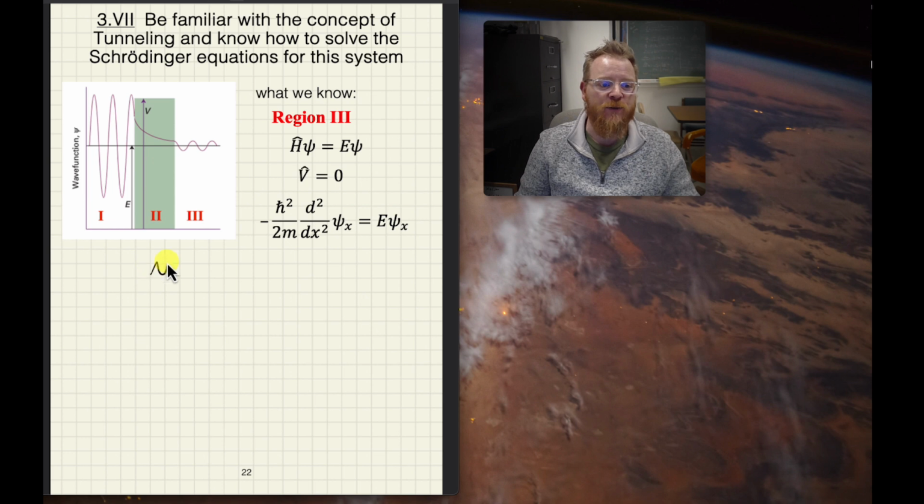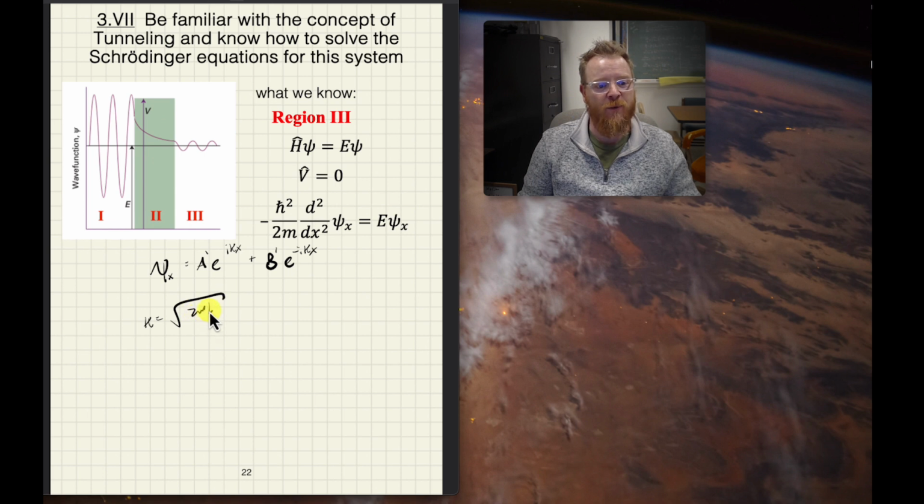We know that that's going to be an imaginary solution because it's going to be nearly identical to region 1. And now I'm going to call that A prime e^(ikx) plus B prime e^(negative ikx), where my k still means the same thing, square root of 2mE over h bar squared.